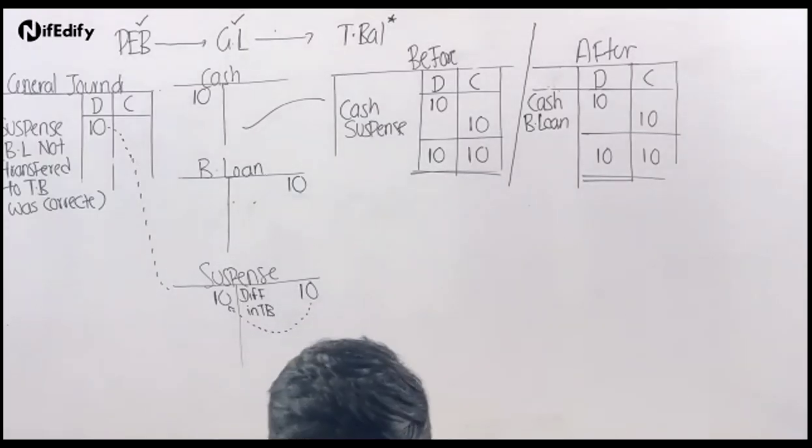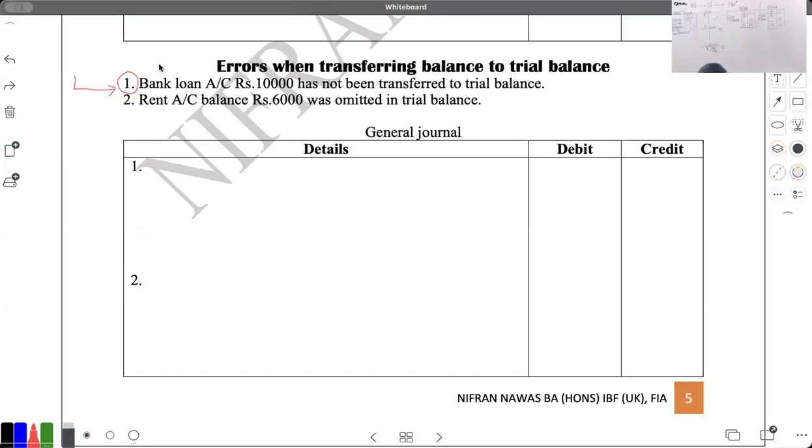So now, what's your answer? Your answer is suspense account debit 10. And what would you say?